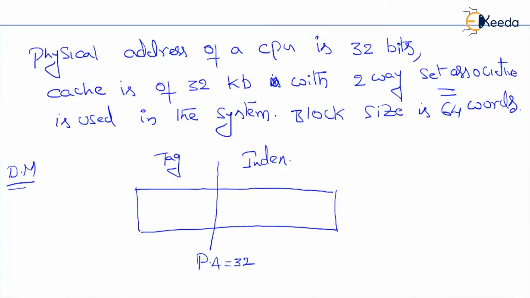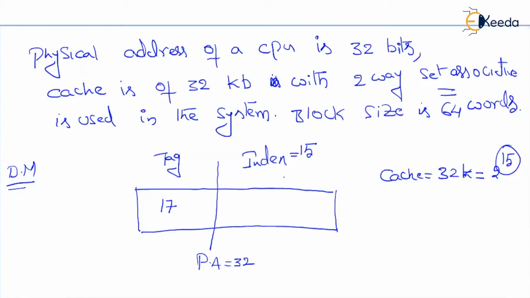Index is the number of digits required to represent the cache address. Cache is 32 KB, which is 2 power 15, so index bits will be 15. The remaining digits are for tag. Tag is equal to 17.